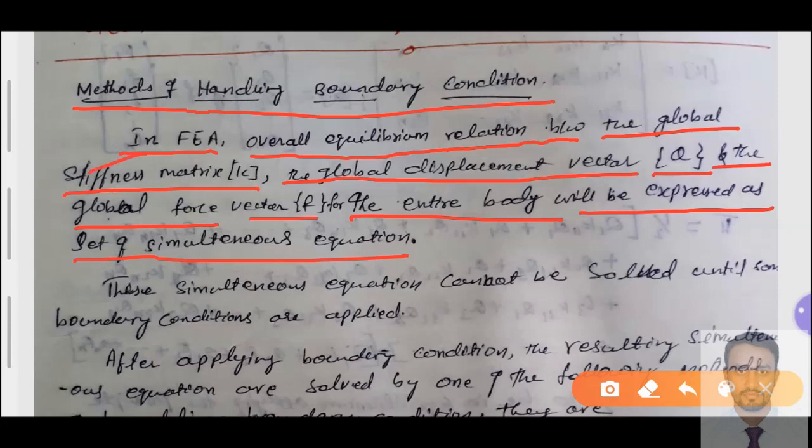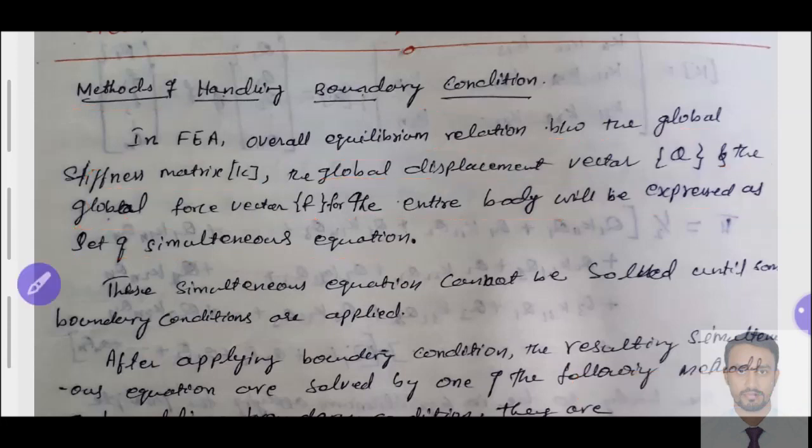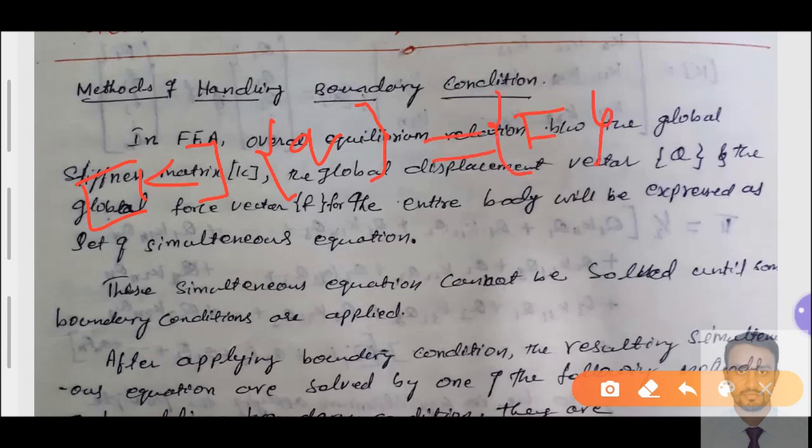What is this stiffness equation? We know that stiffness matrix K into displacement vector Q is equal to force vector F. This is a generalized equation for an entire body. From this equation we will bring the simultaneous equations, which are represented in terms of algebraic equations.